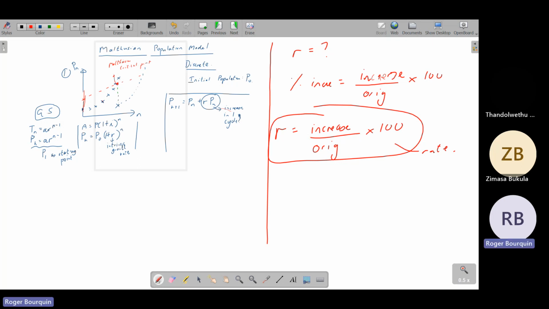So what about this increase in population? Well, in general, what's an increase in population equal to? Number of births minus number of deaths, right? That's the actual increase in population.